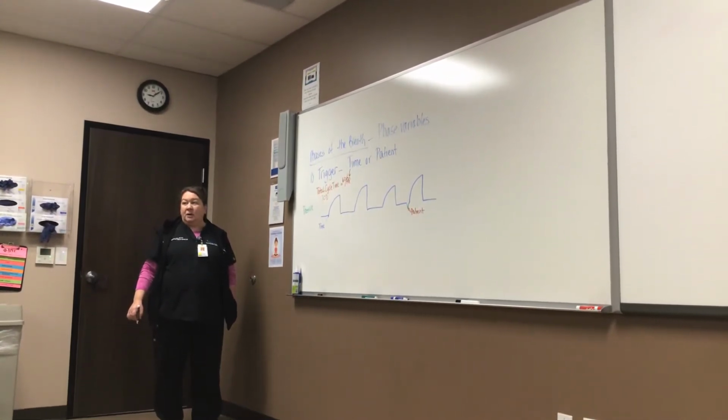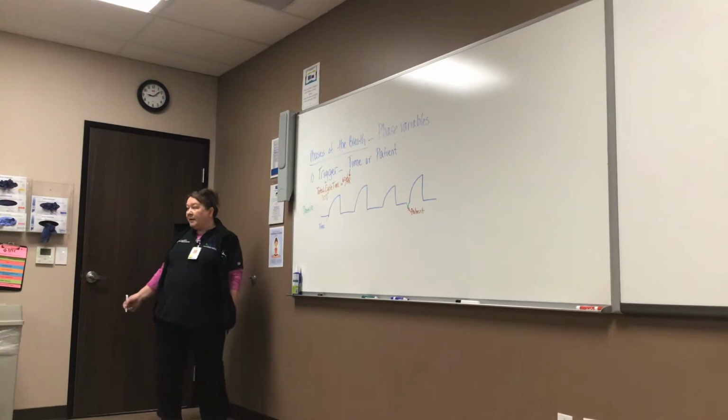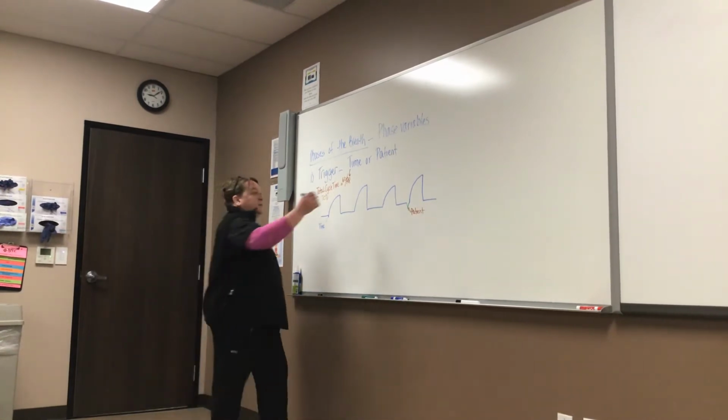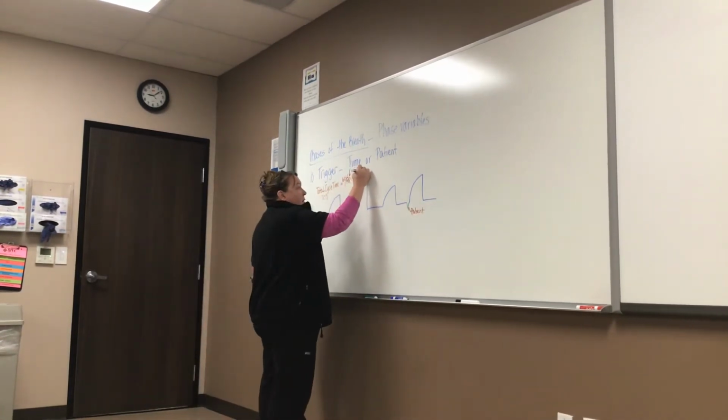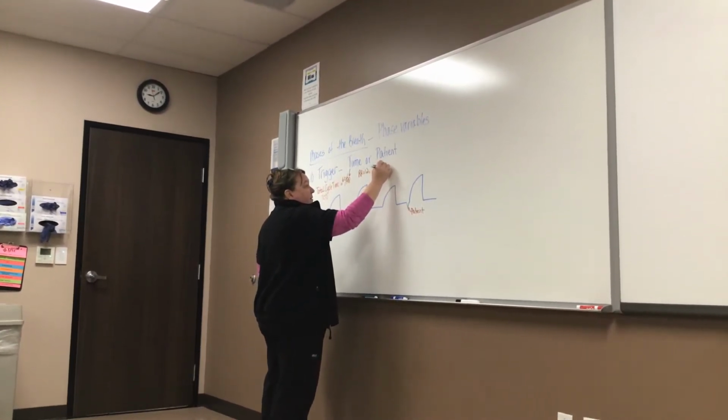So if your respiratory rate is 12, very, very common rate, what would your total cycle time be? It would be 60 divided by 12, yes, 5 seconds. So if your respiratory rate is 12, your TCT is 5, and that's seconds.